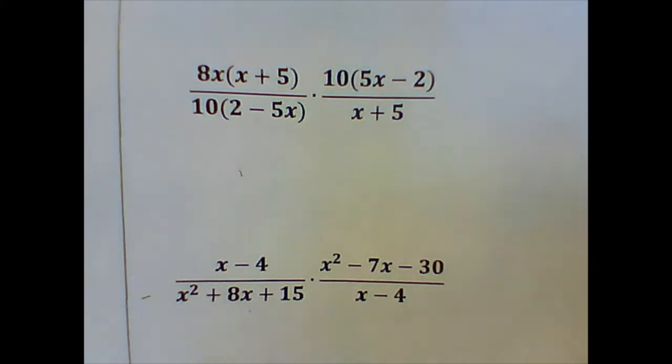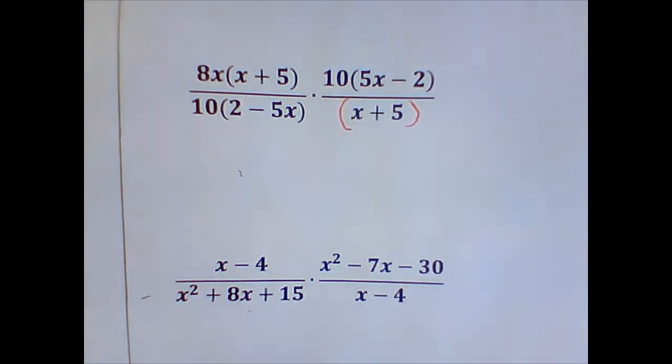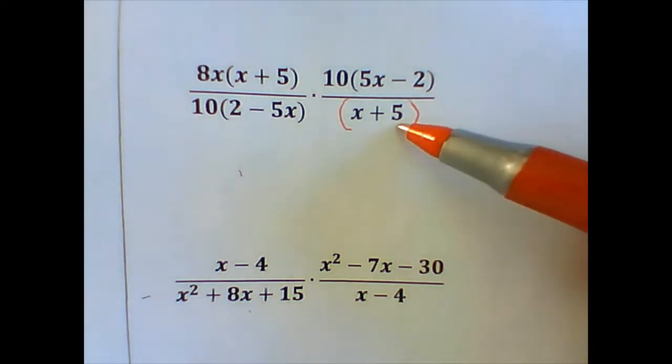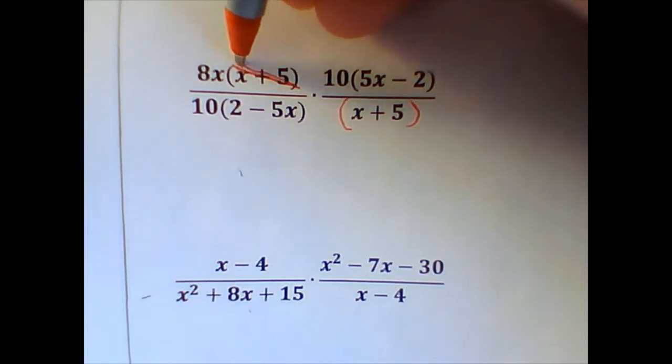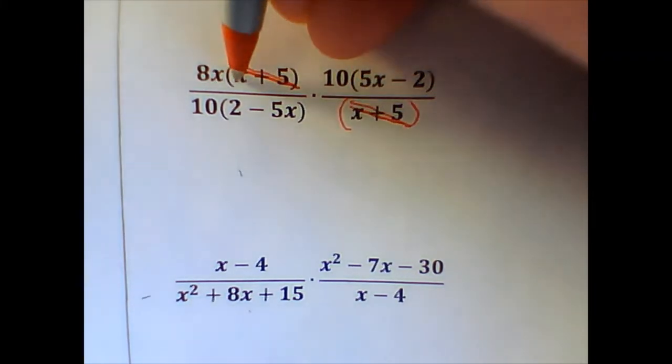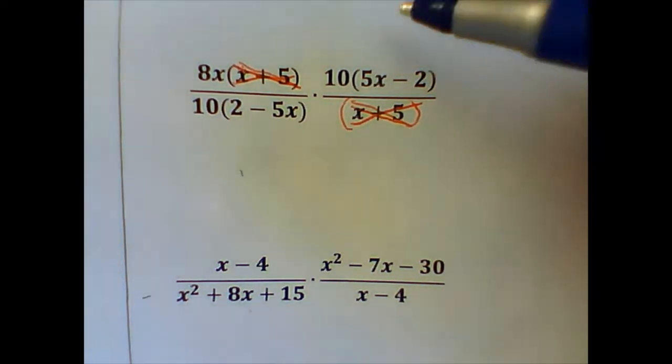He's got a plus sign, and he is not protected by parentheses, but he is a polynomial. So I'm going to fill in the parentheses just so we can see that he's a polynomial like that guy up there. And hey, look, they're exactly the same. They can cancel. So we're canceling all of it. We're not canceling parts of it. We're canceling all of it or none of it.